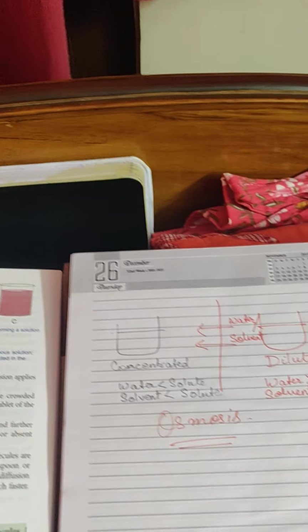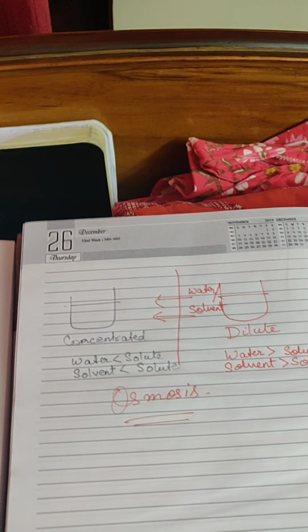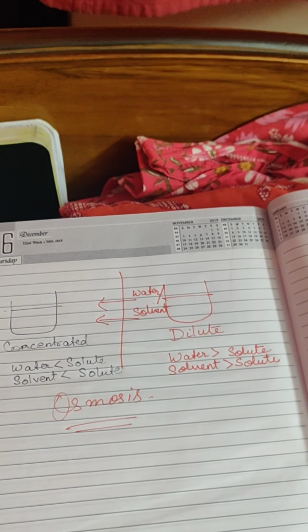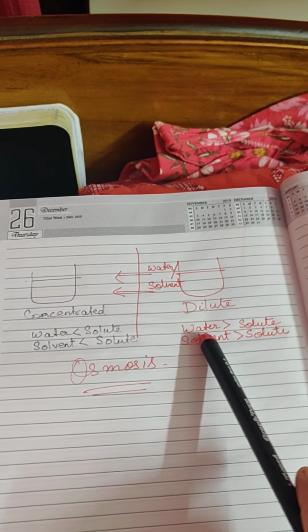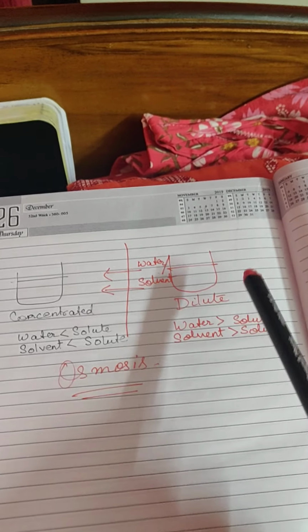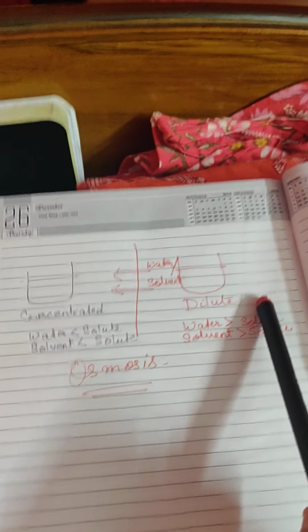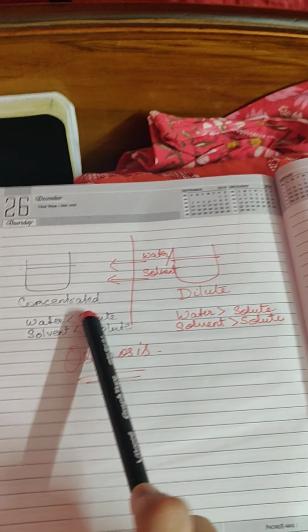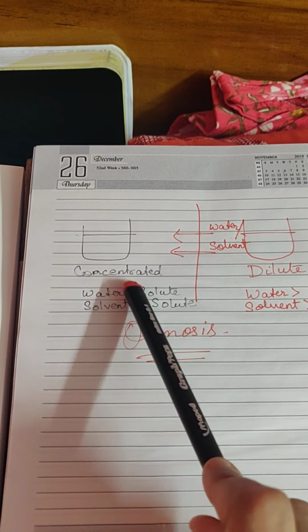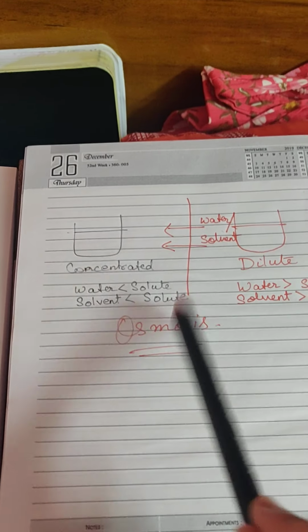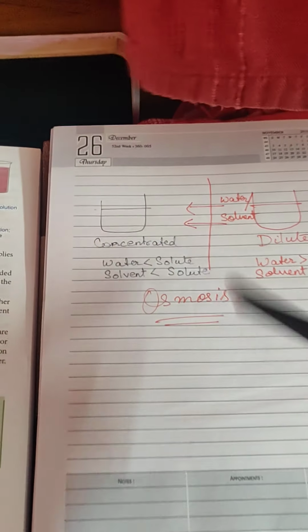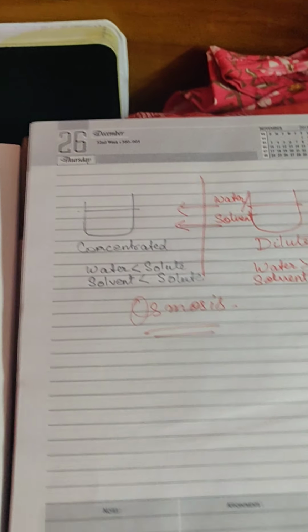Okay, I hope it is clear to you that osmosis is basically the movement of water or solvent molecules from their region, that means from water's or solvent's higher concentration, so obviously the solution will be dilute in that case, to a concentrated solution where the concentration of water and solvent is less, and that movement has to take place through a semi-permeable membrane.